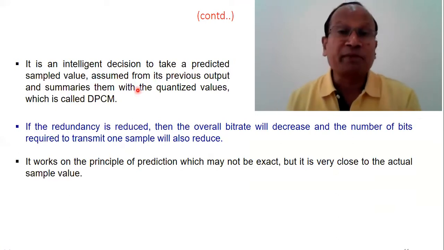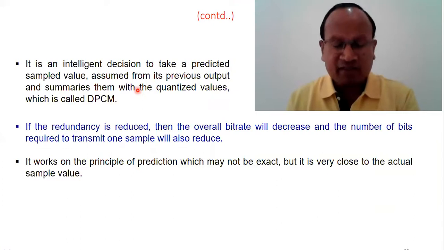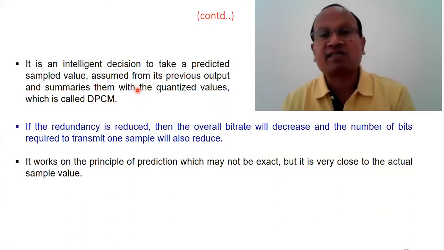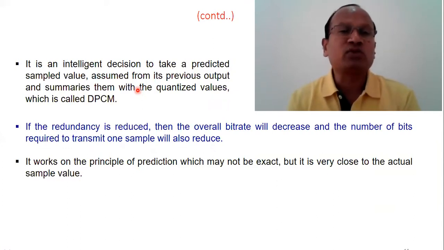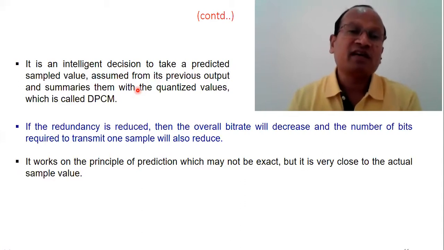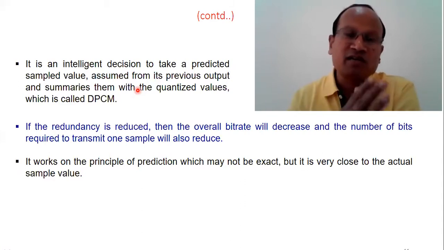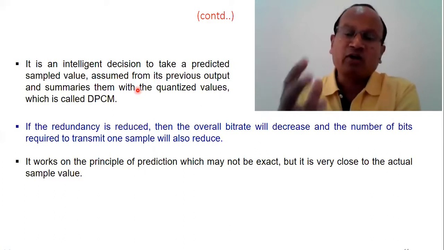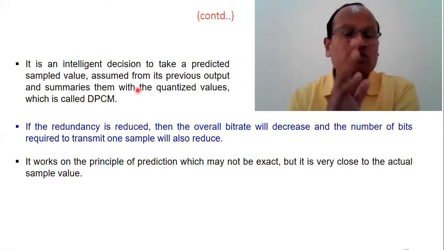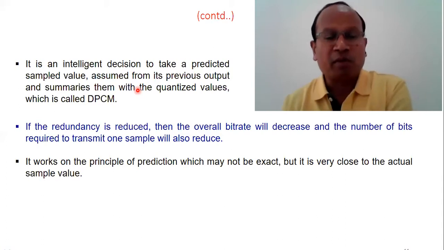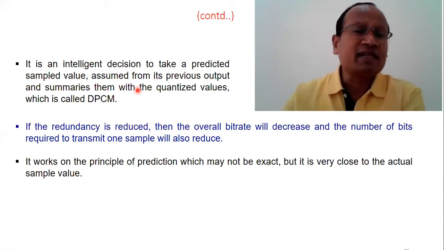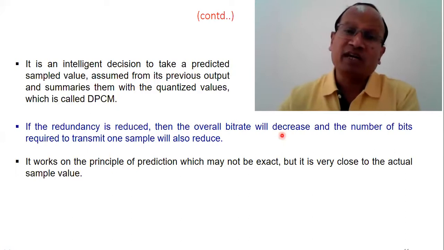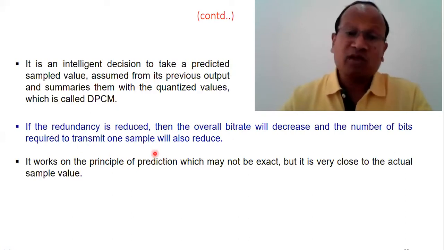So we have to use some predictor that can predict how much the difference is between the past and next values. All the values which are subsequently being forwarded need to be stored somewhere in order to compare with the next sample. So there will be a requirement of a predictor. If the redundancy is reduced, the overall bit rate will decrease, as the number of bits required to transmit one sample will also reduce.